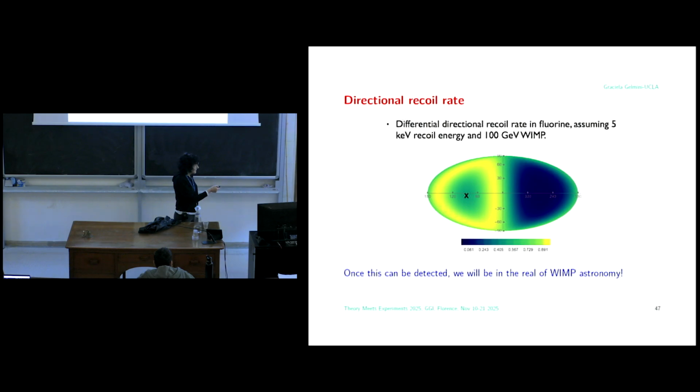So this is the ring-like feature in this Mollweide projection. It is an equal area projection, all right? So you can imagine a map of the world in this projection, but this is the sky. Once this can be detected, we'll be really in the realm of WIMP astronomy.